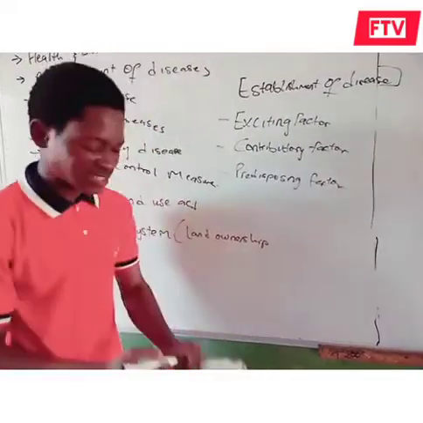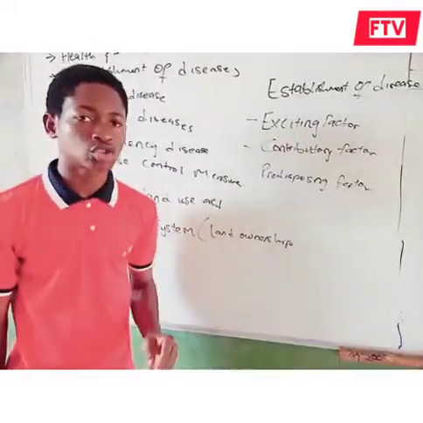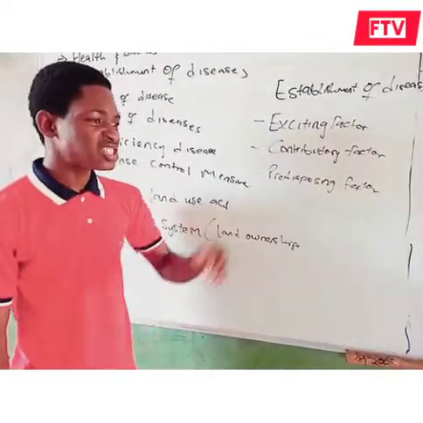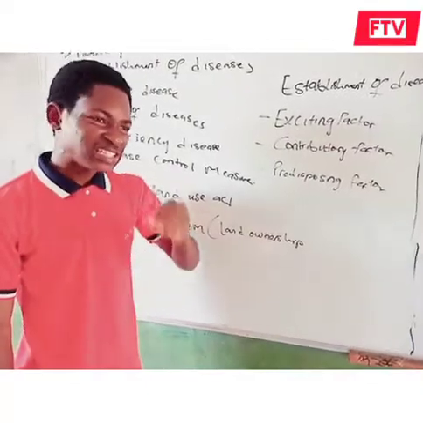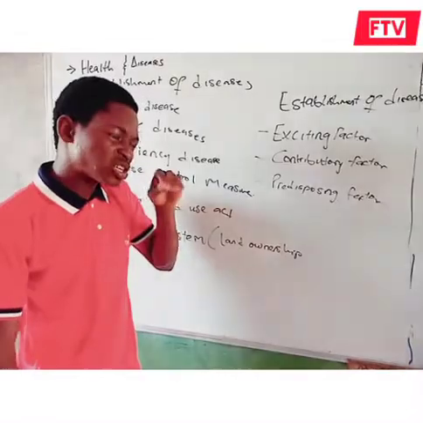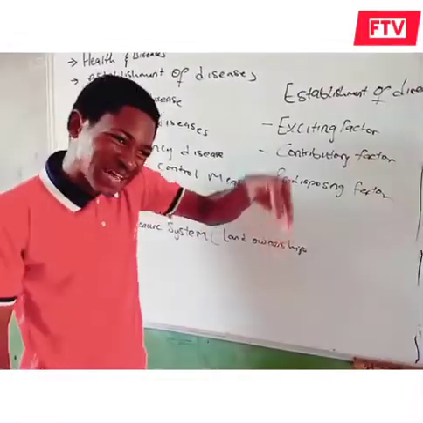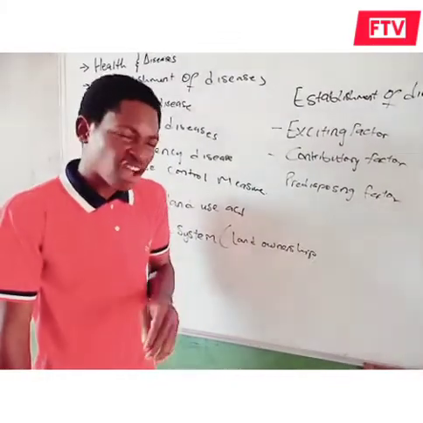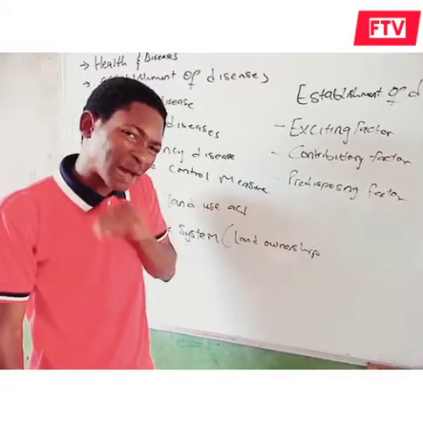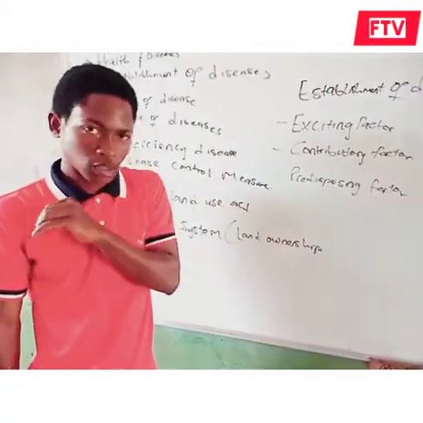Now you're talking about exciting factor. Exciting factor refers to the causative organism of the disease. That is, this particular disease we are talking about, there is a foundation cause, like there is a particular organism that causes that disease. For instance, if you are talking about malaria, there is a particular organism that is responsible for malaria. We have the plasmodium, not mosquito.